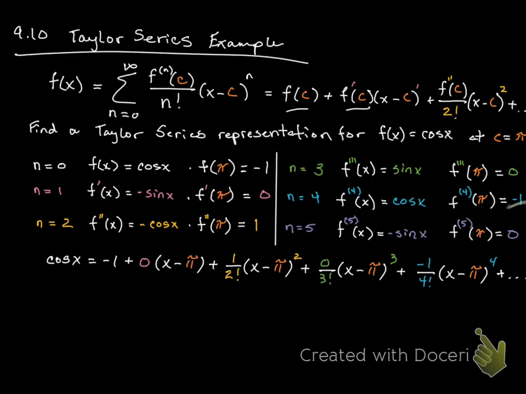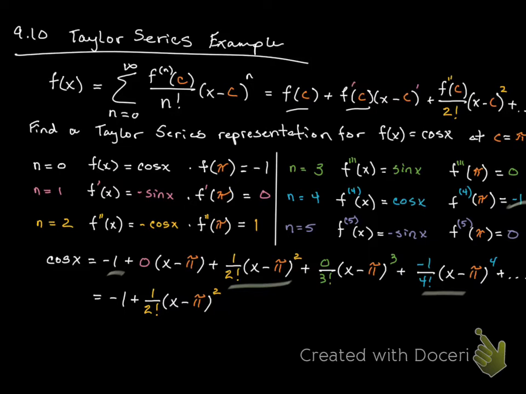I'm going to simplify this, right? I'm going to take away all the terms that are going to be 0, and I'm going to leave then all these even terms. I'll even include what would have been the sixth term when n is 6. I get a minus 1, plus then the second derivative piece comes. I have x minus pi squared there.